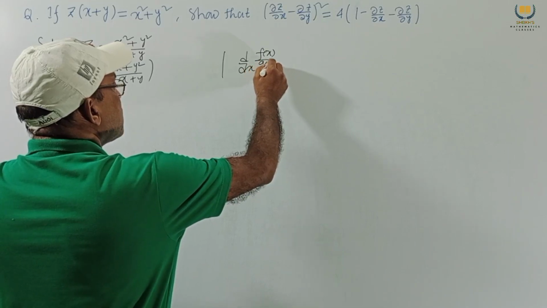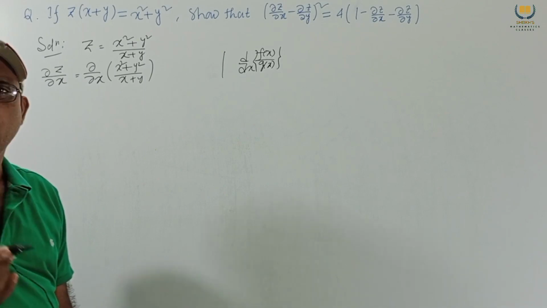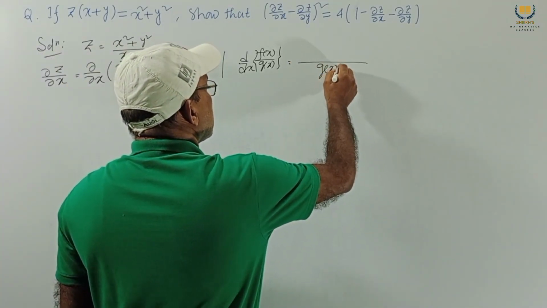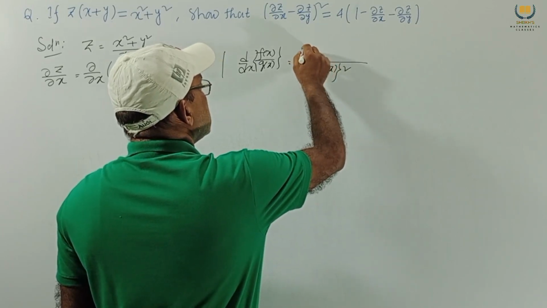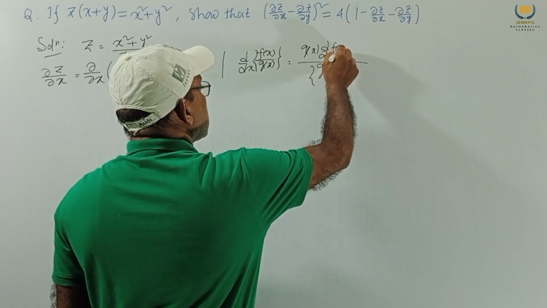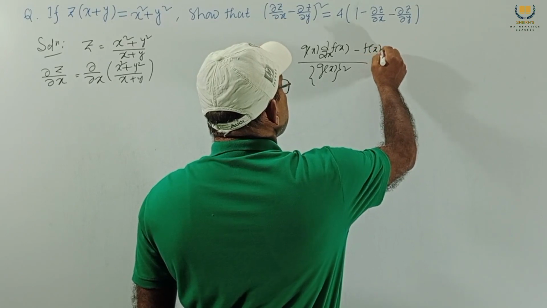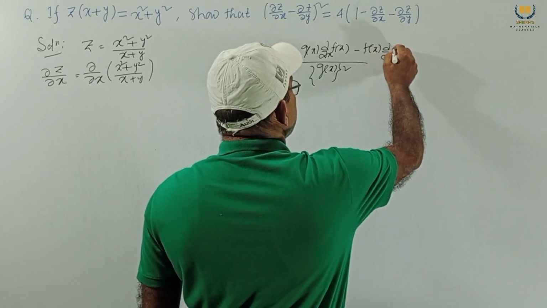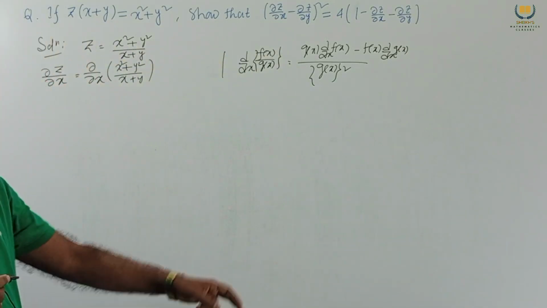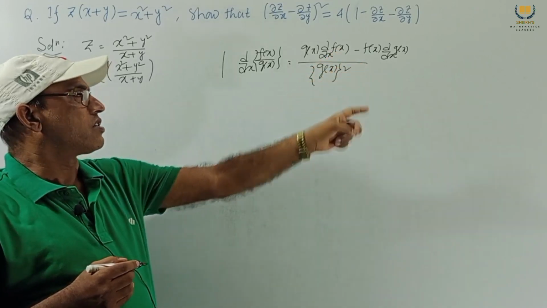Sometimes we write u by v, and this will be g(x) whole square, g(x) d/dx of f(x) minus f(x) d/dx of g(x). This is our formula of the quotient rule or division rule: denominator whole square, denominator times derivative of numerator minus numerator times derivative of denominator.